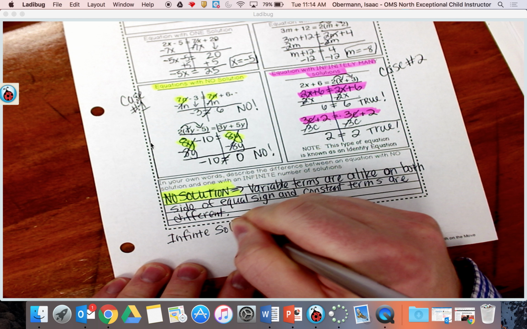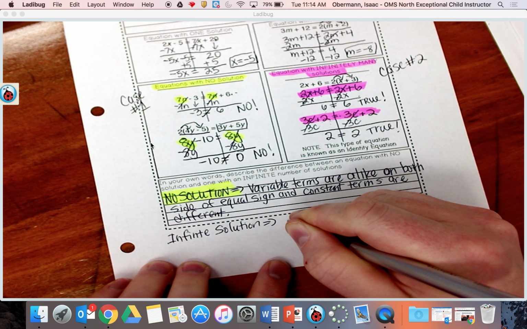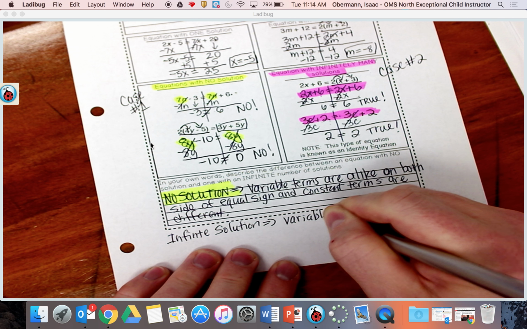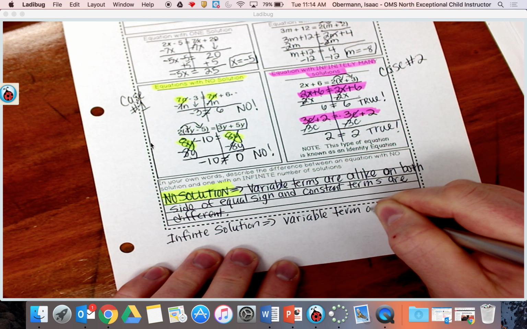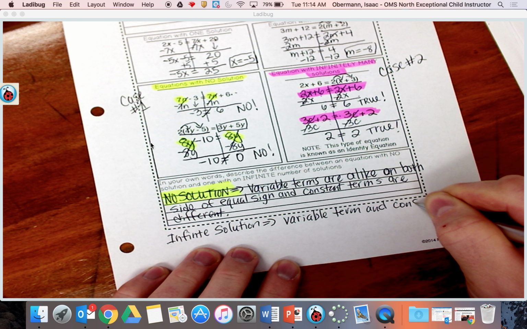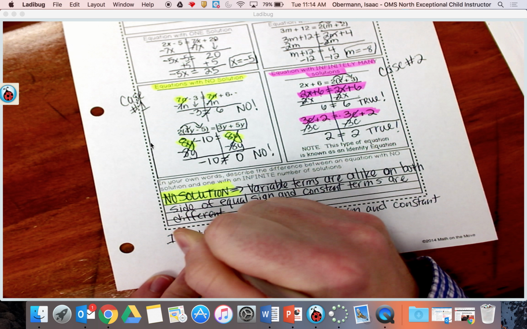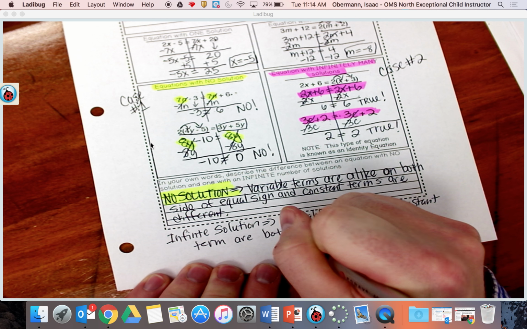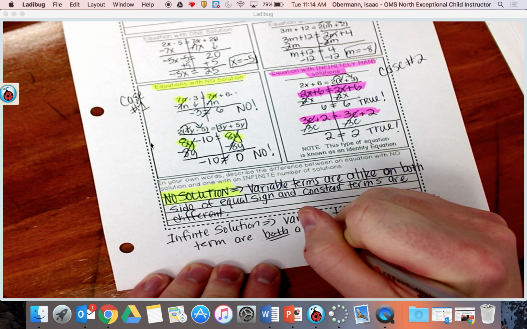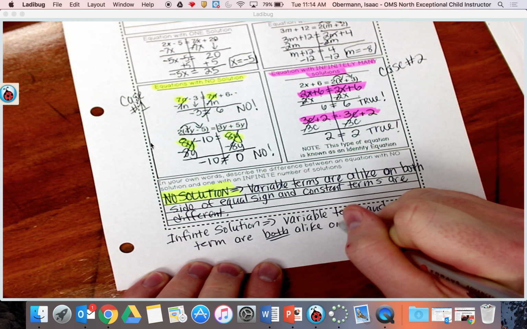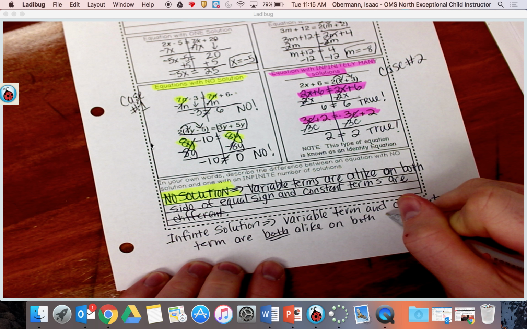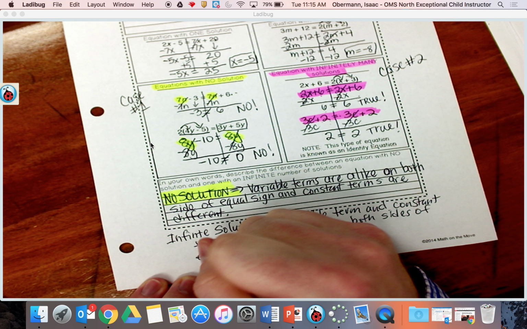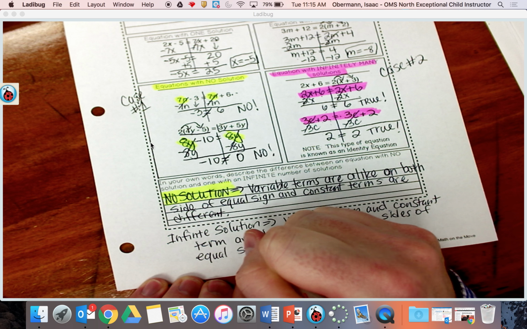solution is when the variable term and constant term are both alike on both sides of the equal sign.